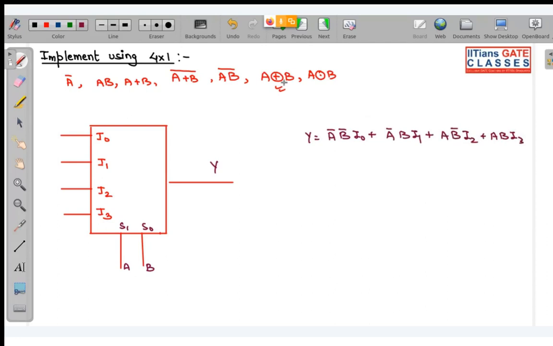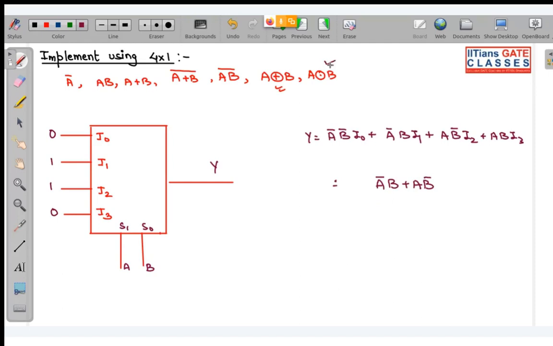So if I want A XOR B, I take I0 and I3 as 0 and I1, I2 as 1. Then the first term is 0 because I0 is 0, and the last term is also 0 because I3 is 0. The remaining will be A complement B plus AB complement.